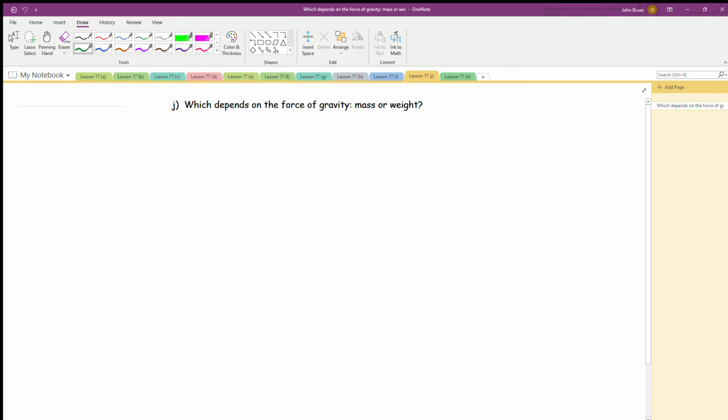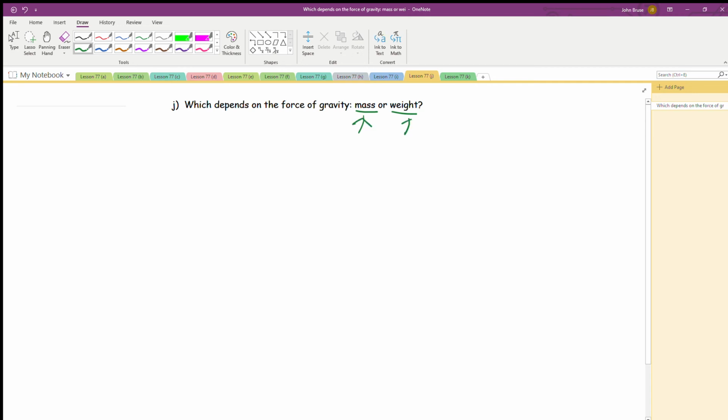Okay, which depends on the force of gravity, mass or weight? Now remember at the beginning of the video I talked about mass and weight. Mass is how much stuff is inside you, and it's always the same. It doesn't matter if you're here on Earth or if you're on Omicron 7, a planet in a faraway galaxy. You have the same amount of stuff inside you no matter what. That's mass.